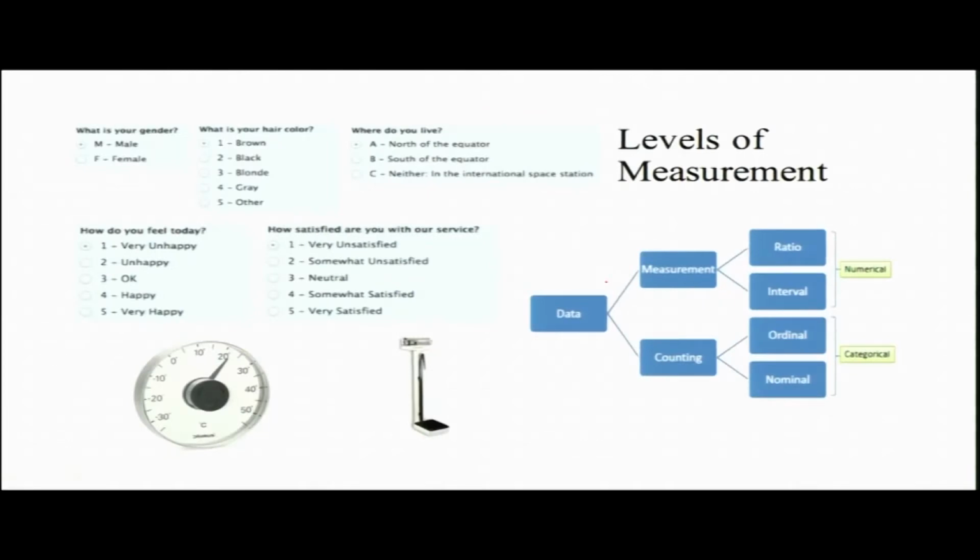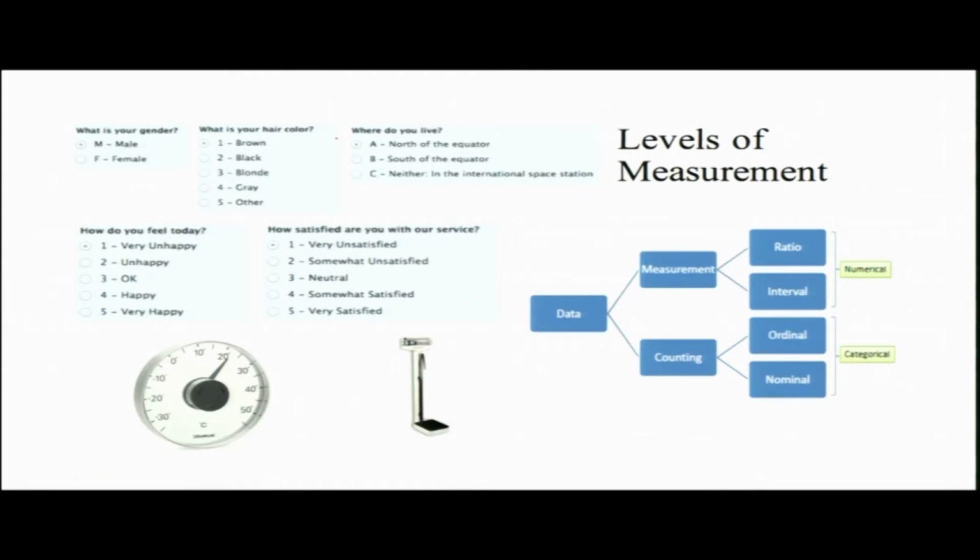So now let's look at some of these examples that you see on the screen. These are usual, typical questions that you see on survey forms. What is your gender? You're given two options, you have to tick male or female, so you have to choose and pick a variable.